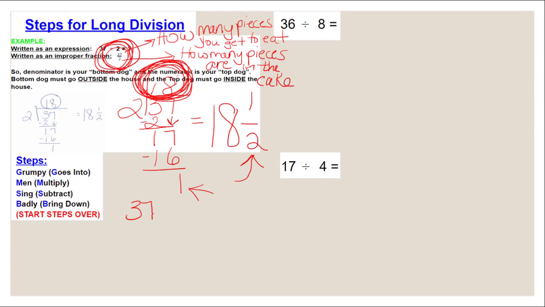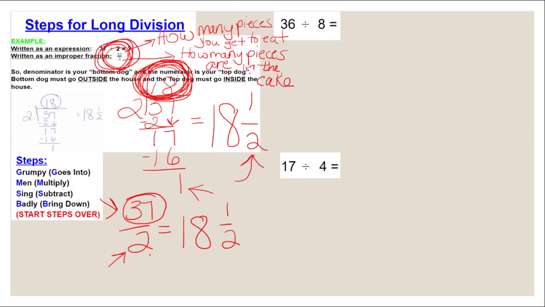So 37 halves equals 18 and a half because there are 2 pieces in the cake. I get to eat 37 pieces, so I'm getting to eat more than 1 whole cake because there's 2 pieces in 1 whole cake. What I have done when I divide this to make it into a mixed number is I'm literally taking those 37 pieces and squishing them together to make the whole cakes.